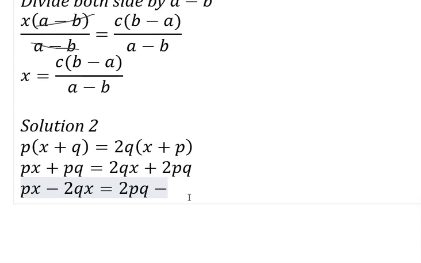So we have minus PQ. Great. Now, having done that, let's see what we can do. Look at this one. PX, 2QX. Something is common. X is common in these two. X is here, X is here. So that is the factorization aspect we have been talking about.